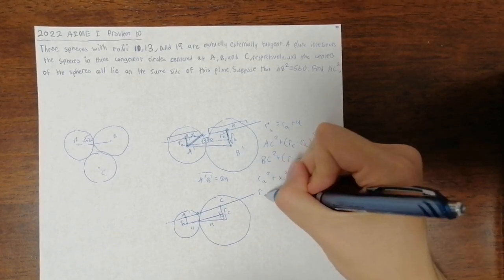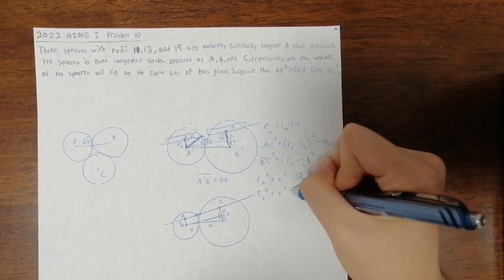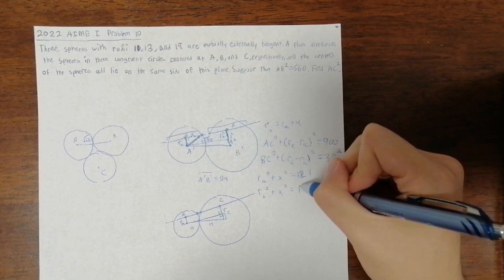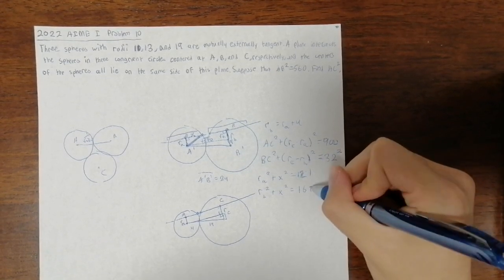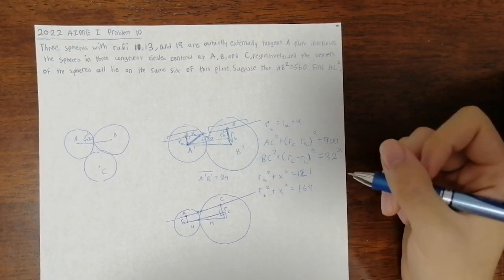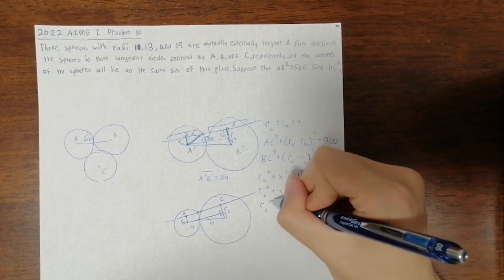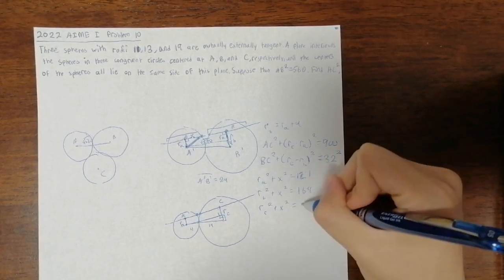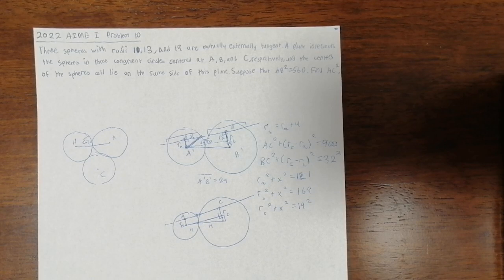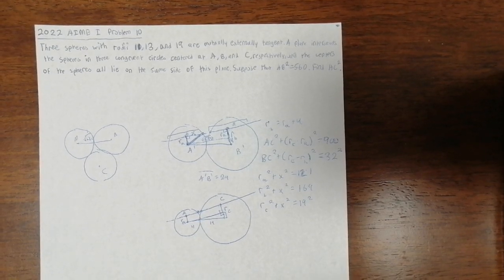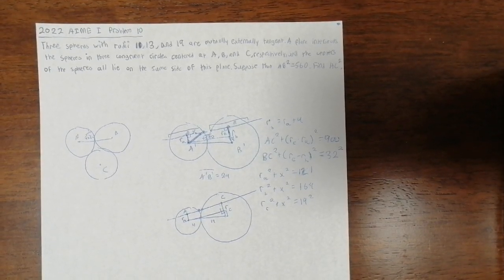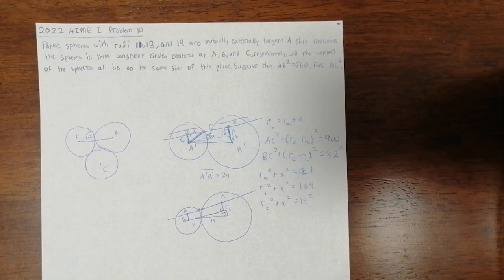So we get RB squared plus x squared is going to be 169, and RC squared plus x squared is 19 squared. Now we definitely have enough equations to solve for all of the variables.